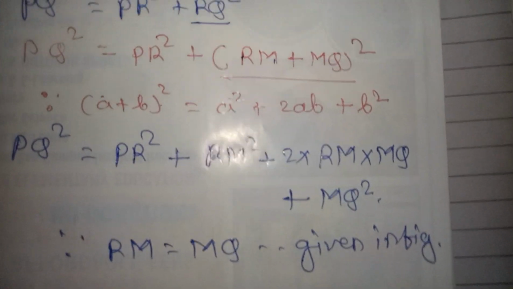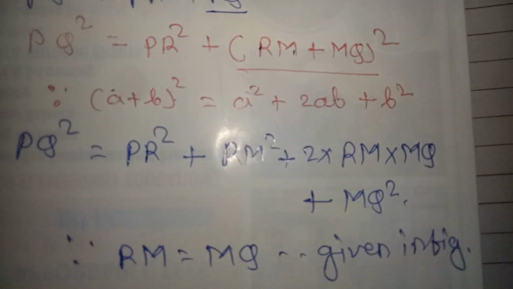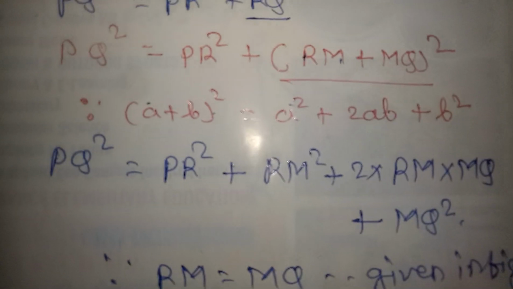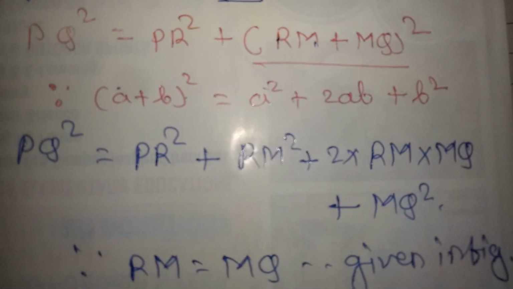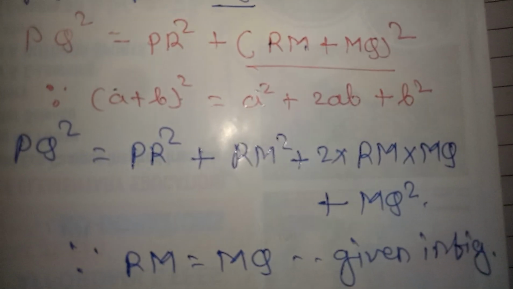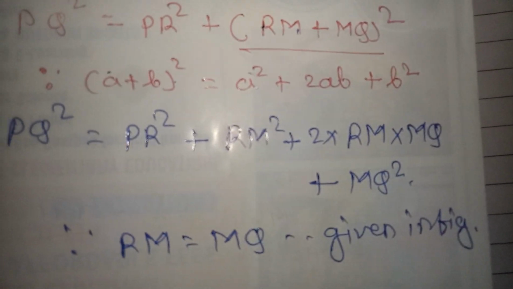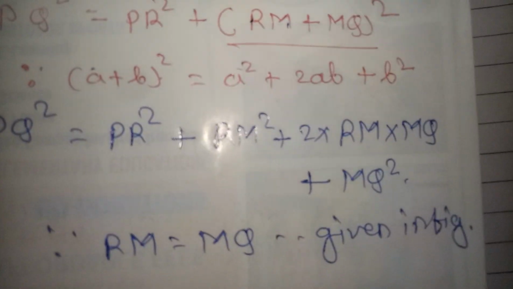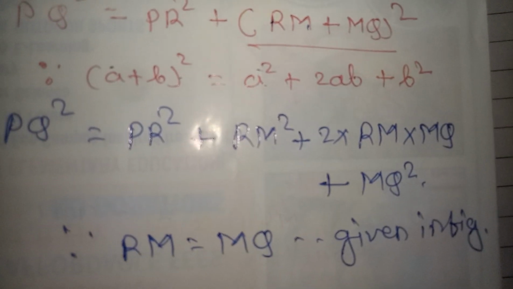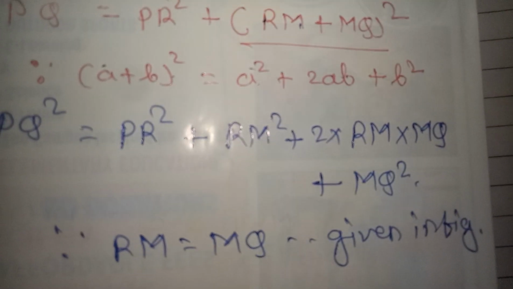So now see, we can put in our equation RM instead of MQ. So the equation will become PQ square is equal to PR square plus RM square plus 2 into RM into RM, plus RM square.